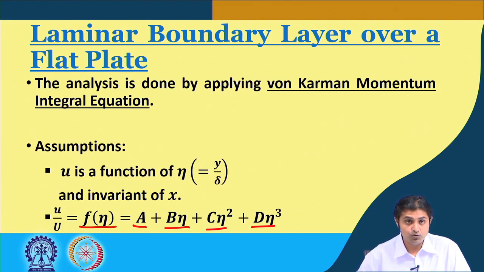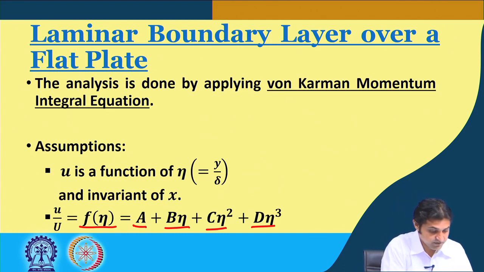How many unknowns? A, B, C, D. But fortunately we know that while doing those equations, the von Karman momentum integration equation, we had 4 boundary conditions, if you remember. I will just briefly take you and show that.